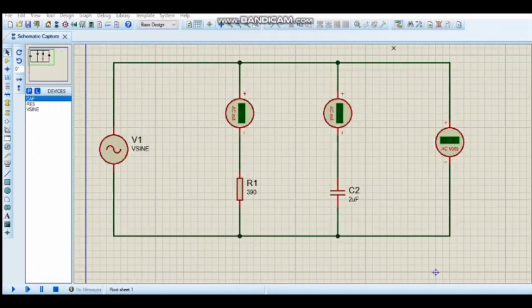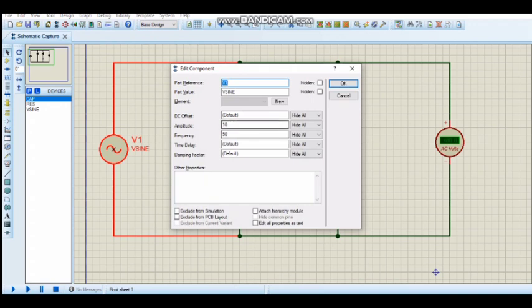Next we move to activity number 4, the parallel RC load circuit. We use the same diagram as activity number 3, but we just make the circuit in parallel. We set up the value for V supply as 10 volt and 50 hertz.